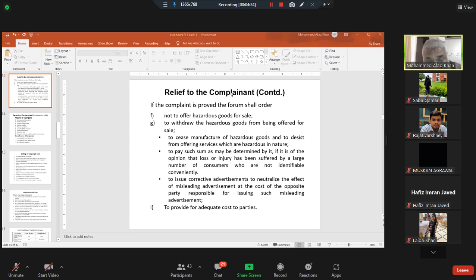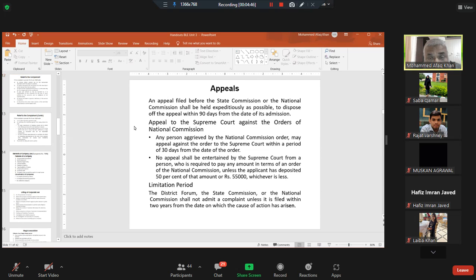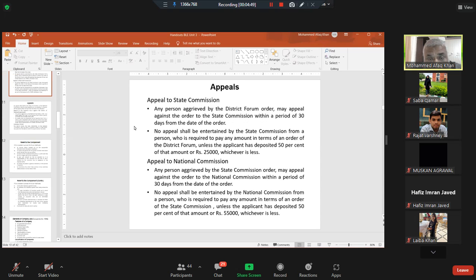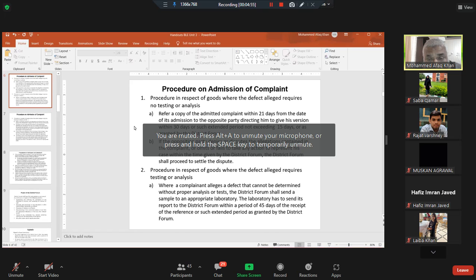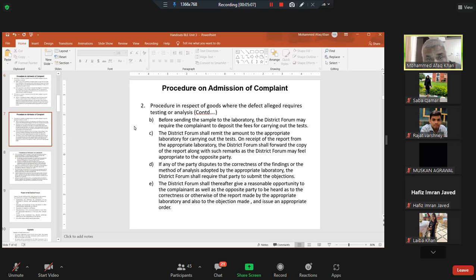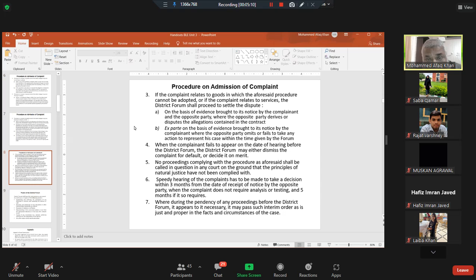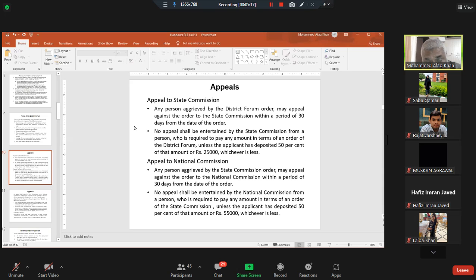Is there anything in the previous slides or in this slide which is not clear? These were the slides which we took up in the last session: the procedure on admission of complaint, and then the appeals and the relief to the complainant, what the complainant seeks from the forum.